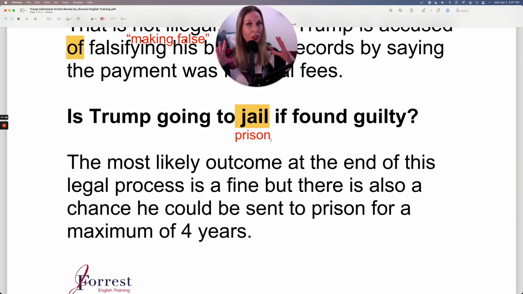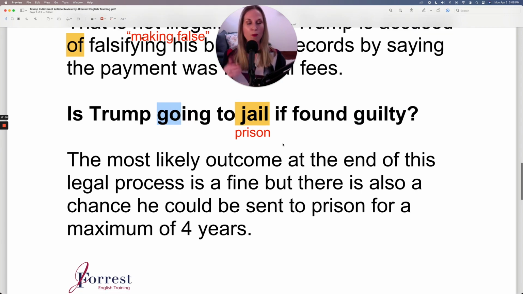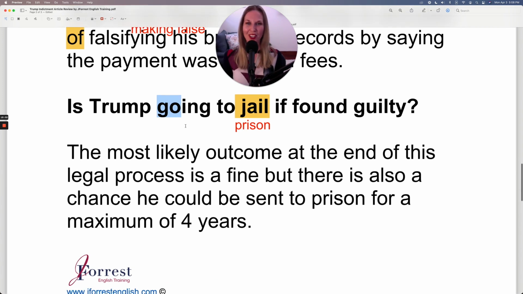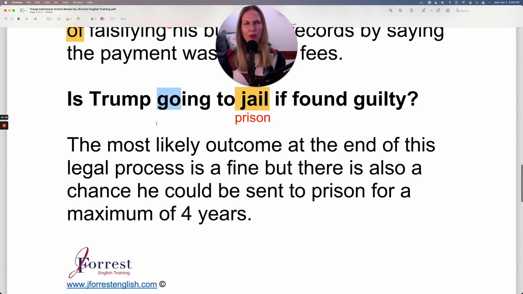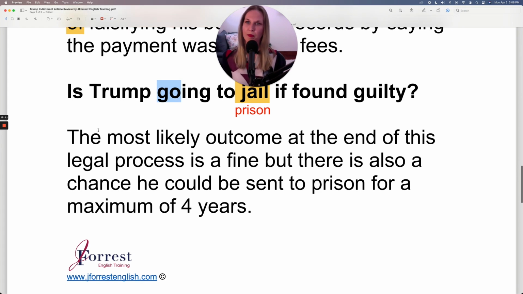It's the location where you go if you are found guilty of a crime. You go to jail, you go to prison. And notice the verb, go to jail, go to prison. If you've ever played Monopoly, you know that expression, go to jail. I don't know if they call it jail or prison in Monopoly. I think they call it jail, right? But it's the same word.